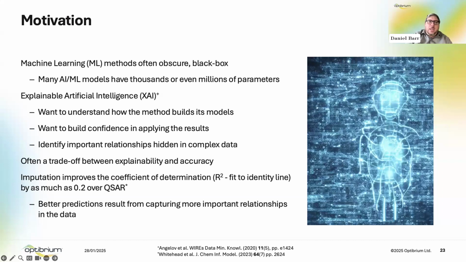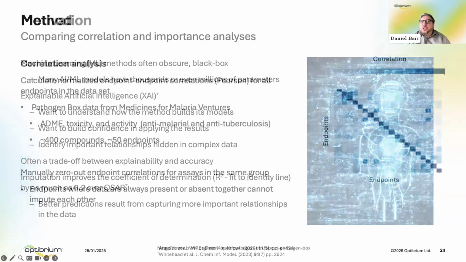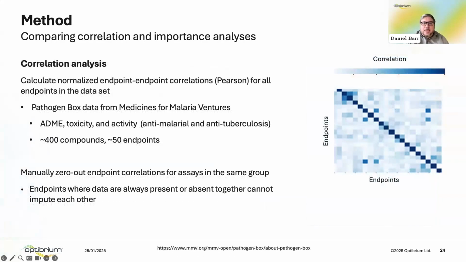So the motivation for this study is to say, okay, this is great. We've got these machine learning methods. Are they really providing value beyond what we would see from a standard correlation analysis? So the method that we'll explore in this little case study is that we'll compare correlation analysis and importance analysis for our imputation model on the same data set. And that data set is the pathogen box data from Medicines for Malaria Ventures.